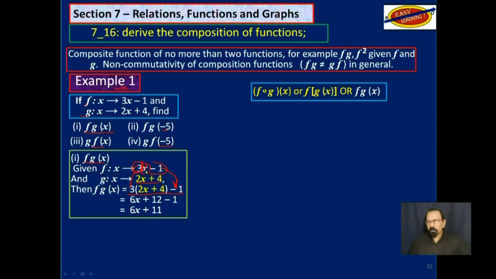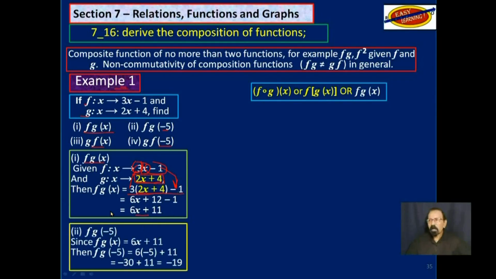We are just substituting this g of x in here for x, and we simplify and we get 6x plus 11. And of course, if we want to find f of g of -5, then we replace that x there with -5. We simplify this and we get -19.